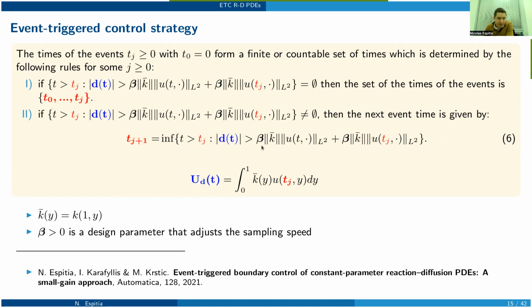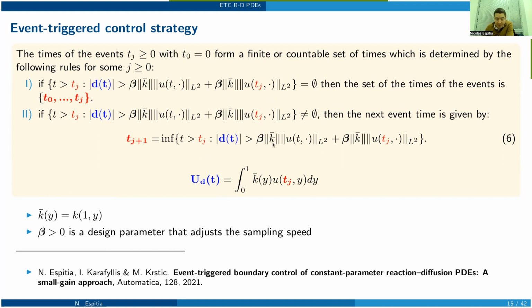And beta here is a design parameter for the sampling speed. Okay, so it may happen that this set can be empty. In this case, we don't trigger anymore. We say that we have formed a finite set of triggering times. In the case this set is not empty and this condition is satisfied, we say an event is generated, we update the control value, and we reset d to 0 again.